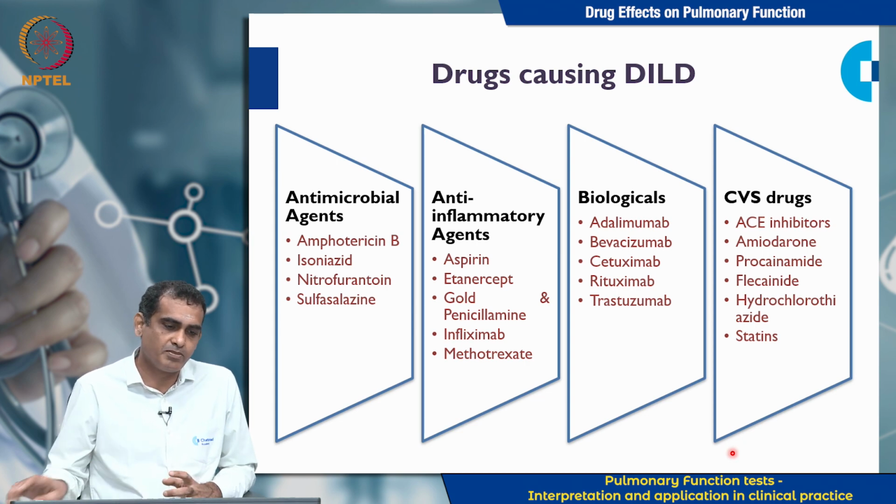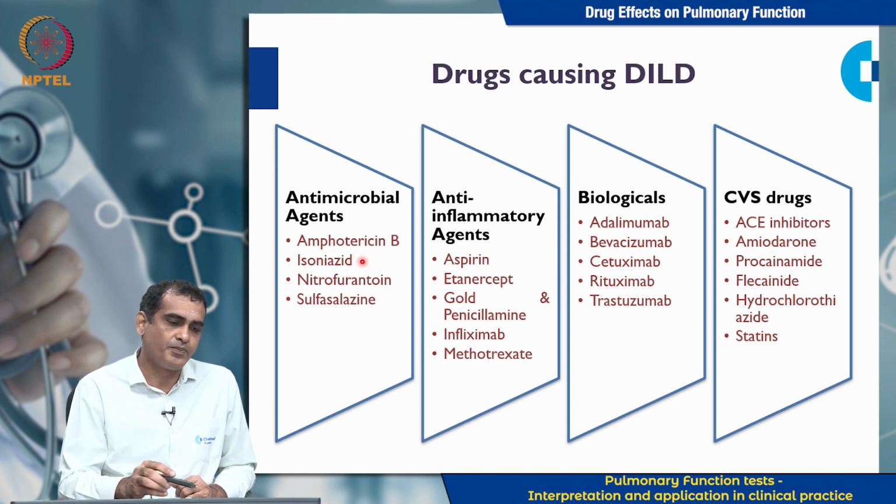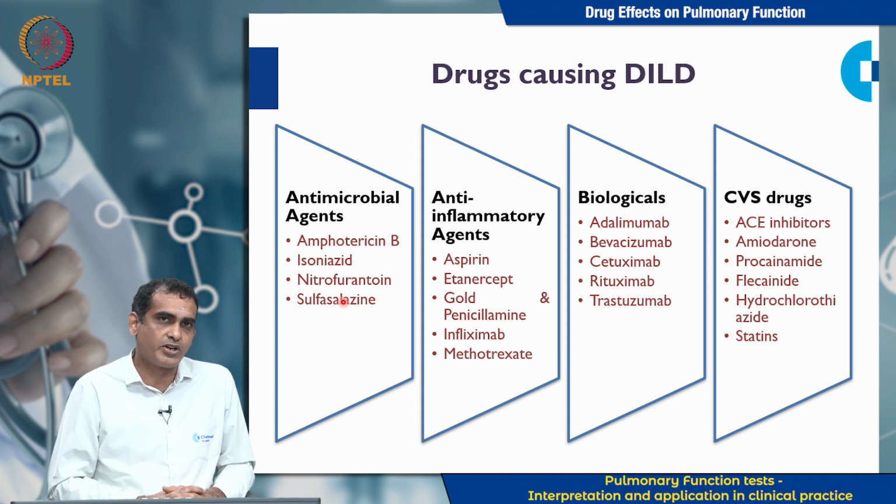Amphotericin B, an antimicrobial agent, we can see here. Isoniazid is a drug that we use for tuberculosis. Nitrofurantoin, commonly used for urinary tract infection. Sulfasalazine, a sulfonamide. All of them on long-term use are associated with lung injury or ILD.